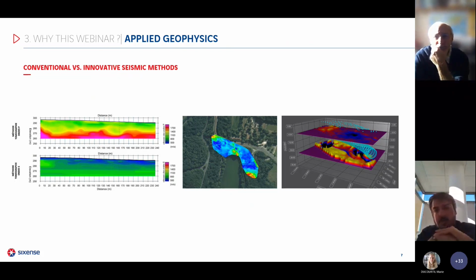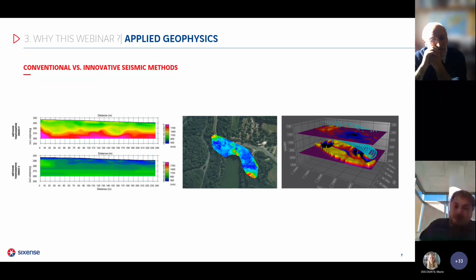Here the big change is coming with the passive seismic methods, because you have easy access to a 3D model. You don't need a geometric array, and you can cover a large area.